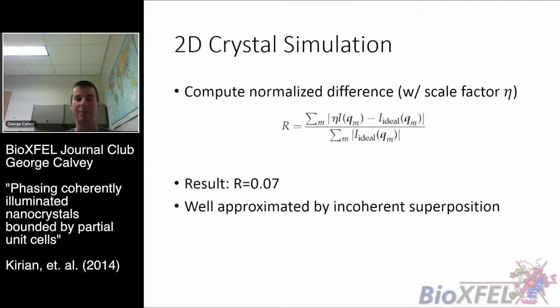They found that with a scaling factor, eta, they minimize R by changing eta. This, I think, just takes into account the different intensity caused by the size of the crystal versus just the 4 unit cells. The result was that the diffraction intensity is well approximated by just the incoherent sum of the 4 unit cells.